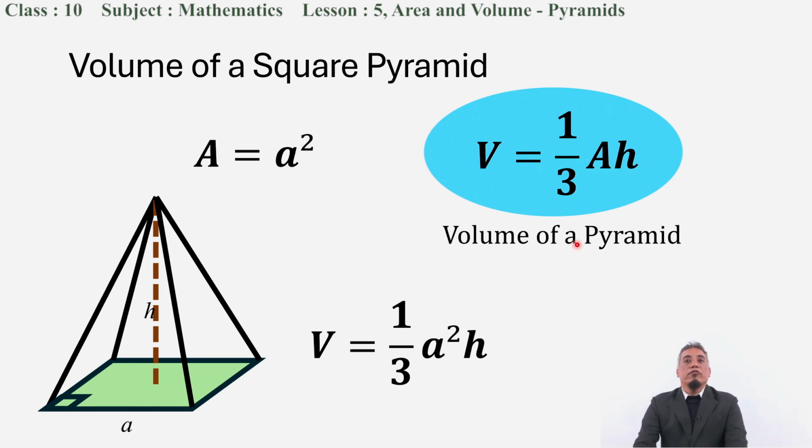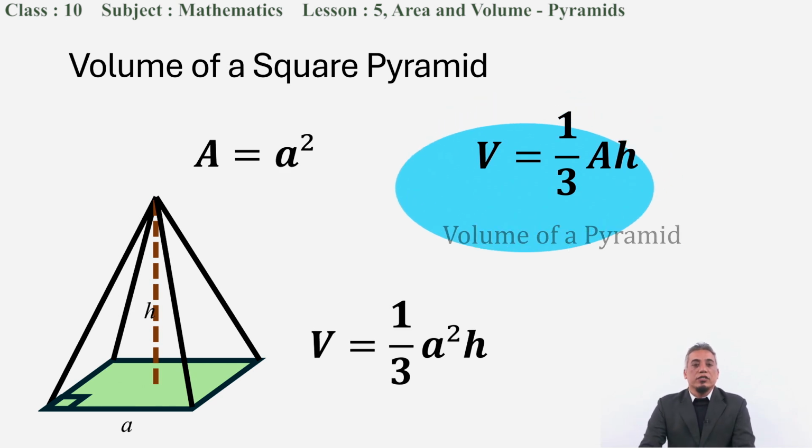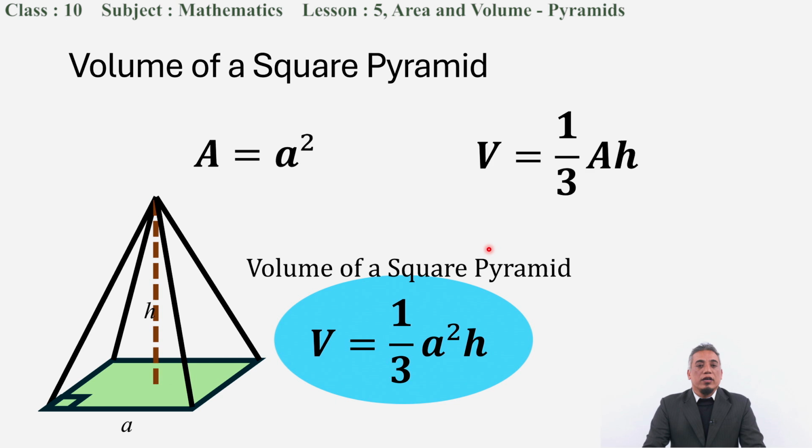So for a square pyramid, we can substitute capital A by small a squared, which gives the volume of a square pyramid as V equals 1/3 a squared H.